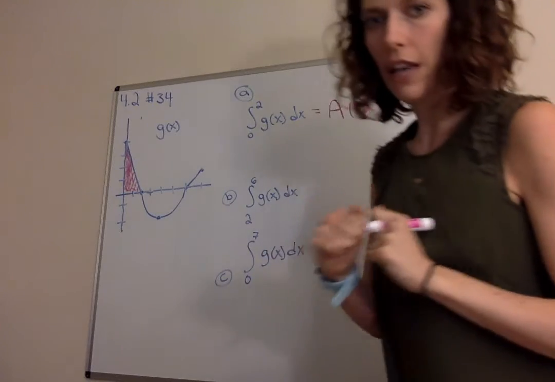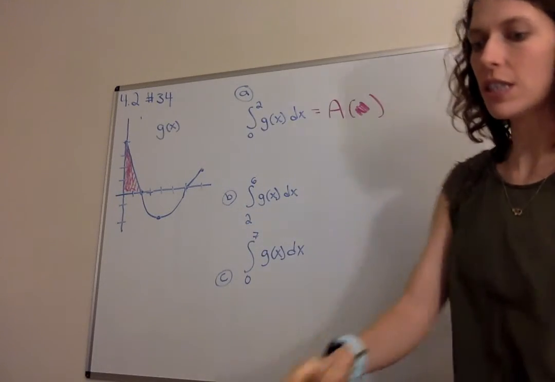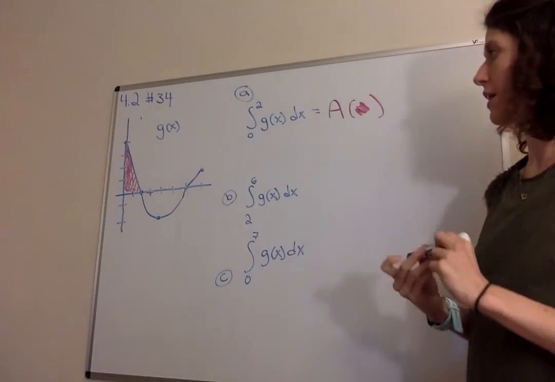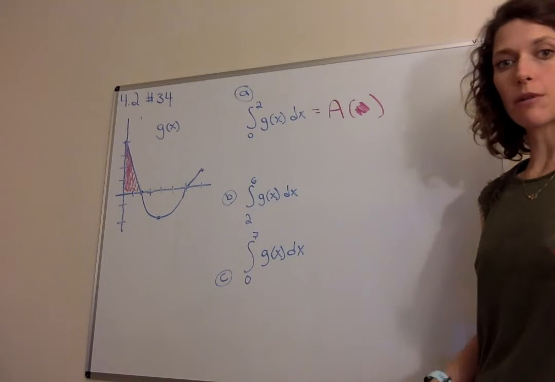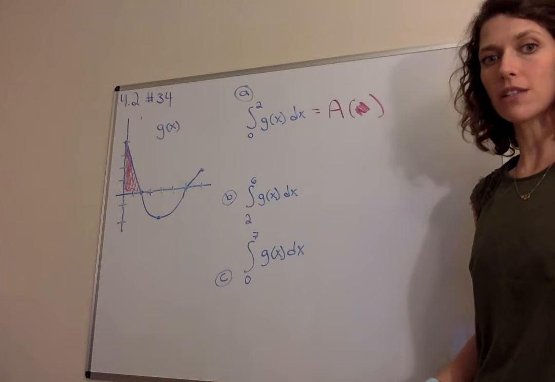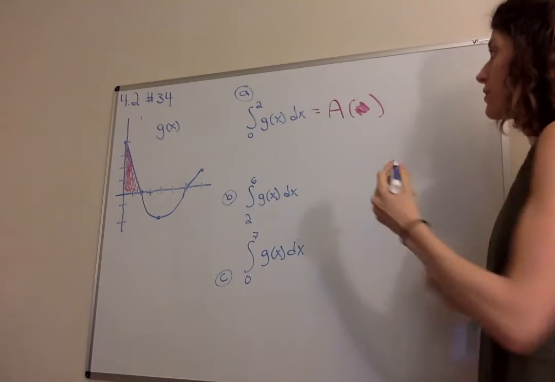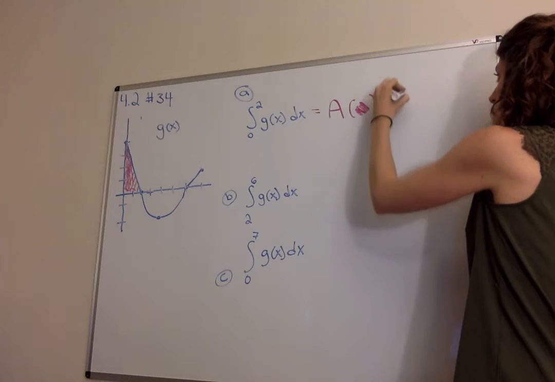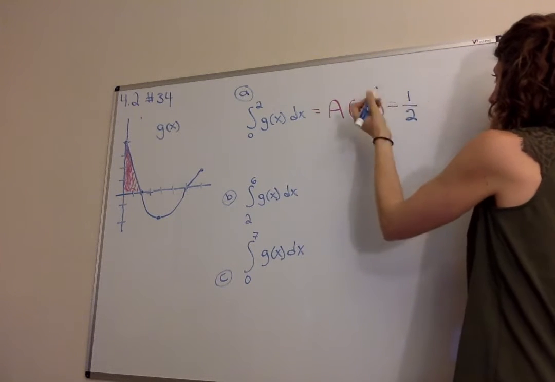Computing the area of the pink part is really just computing the area of a triangle. So we want to remember the formula for the area of a triangle: the area of a triangle is 1/2 base times height.